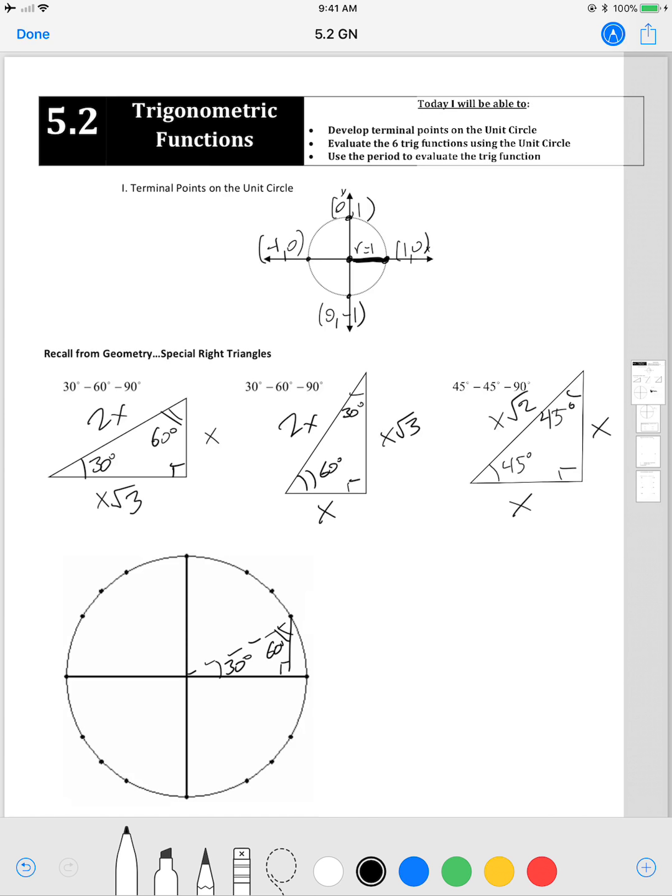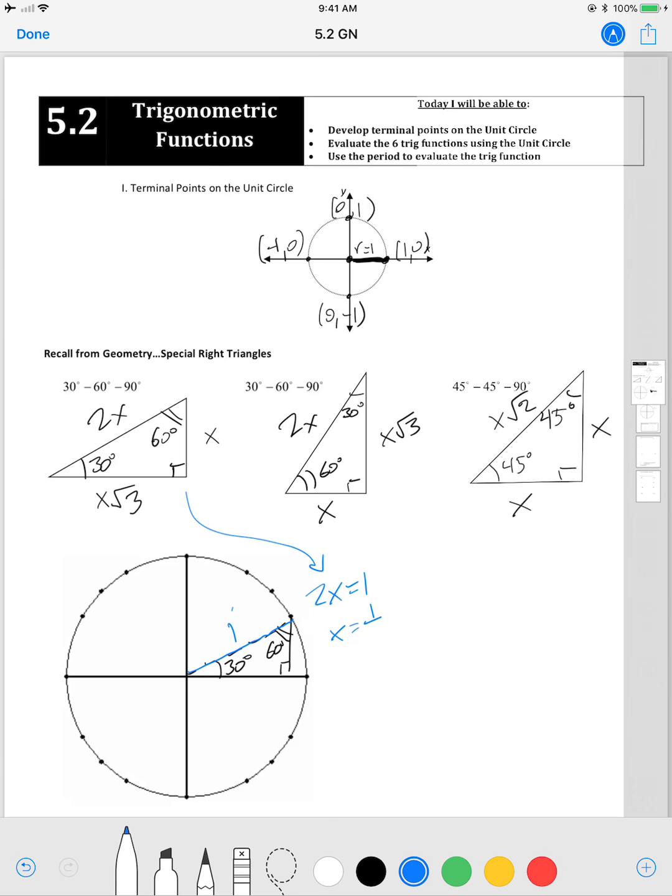Okay? So, let's take a look at the 30, 60, 90. The radius of this 30, 60, 90 triangle in here, or the hypotenuse, is 1. That's because the radius of the unit circle anywhere in the unit circle is 1. So 1 equals 2x.